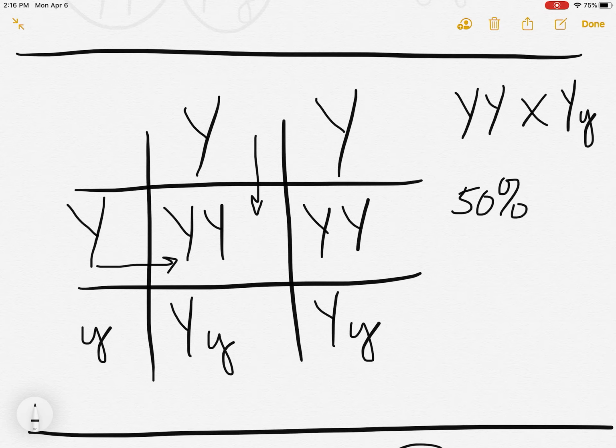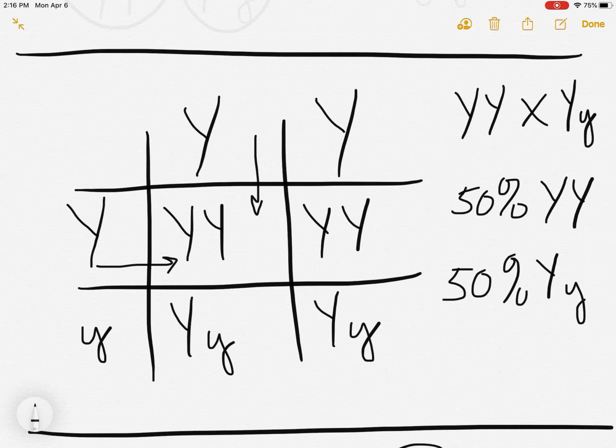There's 4 there, so 2 out of 4. 50% are this, and the other 50% are this. So that means that if you took these plants and had babies, it doesn't mean you'll get exactly 4 babies and exactly 2 and 2. What it means is, if they had a whole bunch of babies, you would end up seeing in the population of their babies 50% of each overall.